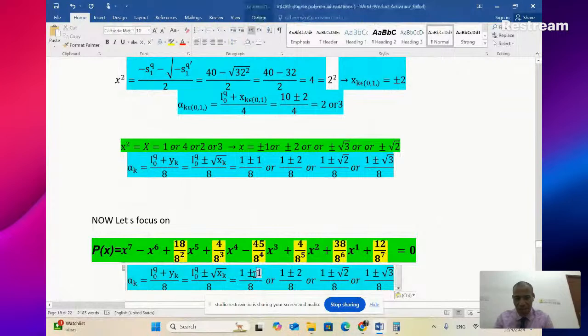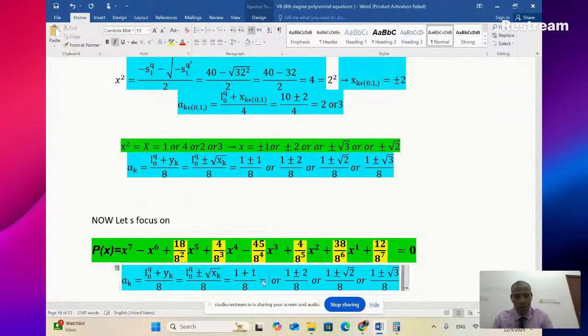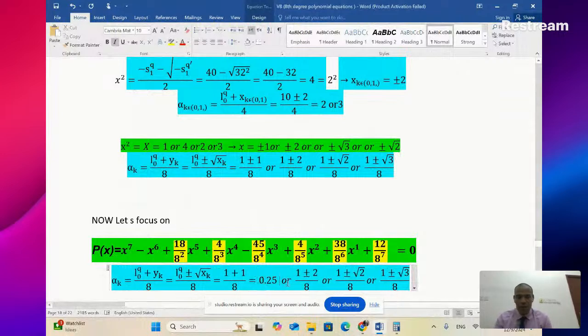So now I will make plus only. So it will be 2 divided by 8. It will be 1 over 4. It will be 0.25. Clear? Okay, this is the first root.